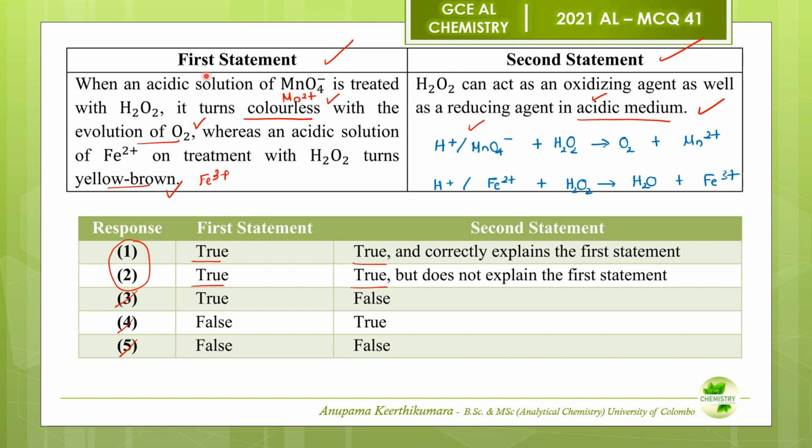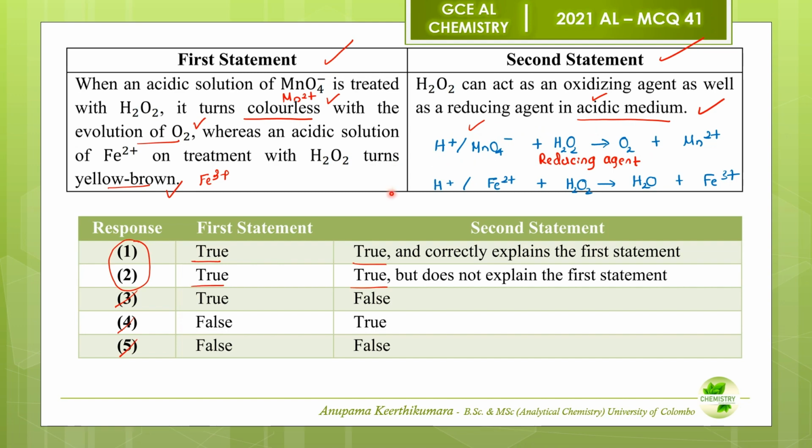The first statement gives two redox reactions of hydrogen peroxide in acidic medium. During the first reaction, hydrogen peroxide is oxidized to oxygen gas while permanganate ions are reduced to manganese 2+ ions. Therefore, hydrogen peroxide acts as a reducing agent during this reaction.